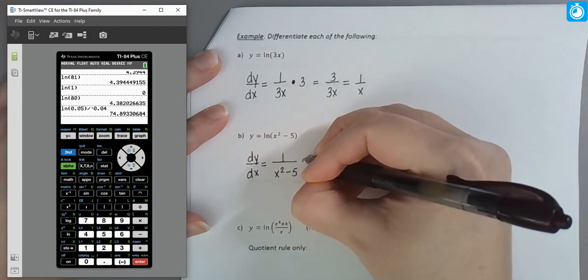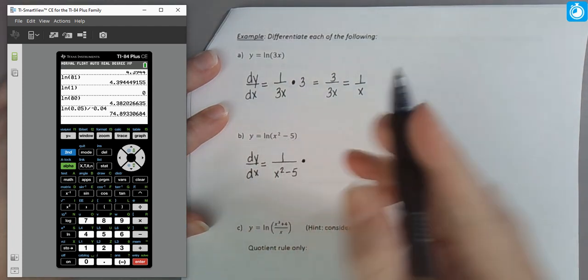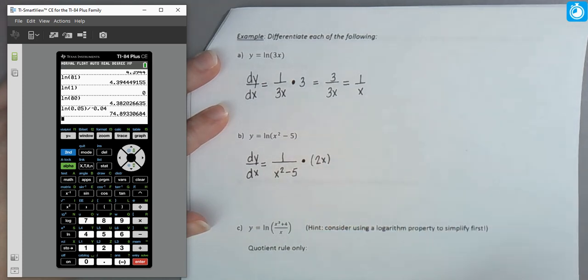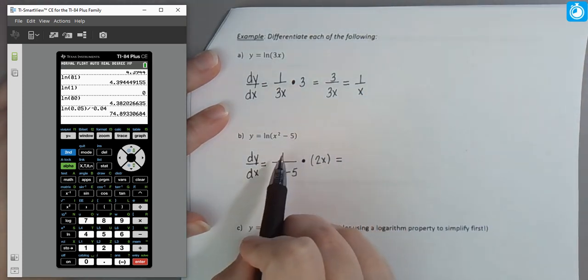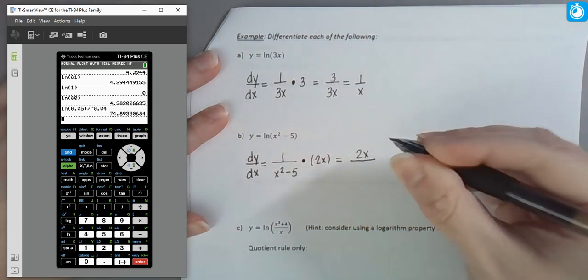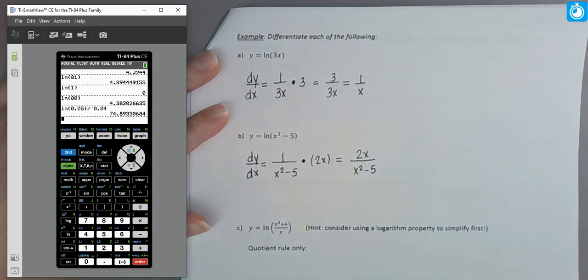And then we're going to multiply by the derivative of the inner function, which is going to be 2x. And now 2x can go to the numerator. So that's going to be 2x divided by x squared minus 5.